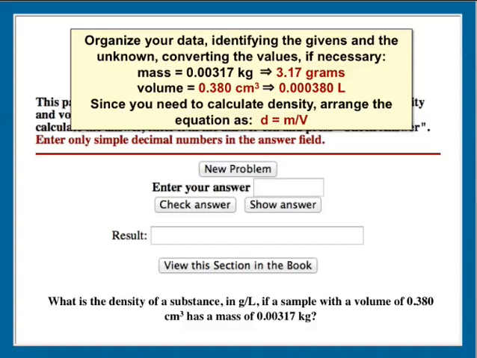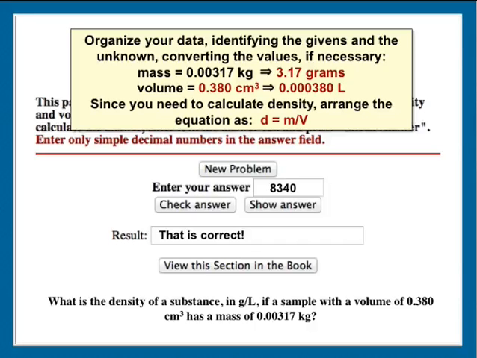Finally, we do our calculation using our basic formula here. We're looking for density, so take our mass, divide it by our volume in liters, and it should be about 8340. Now, these involve really two things.